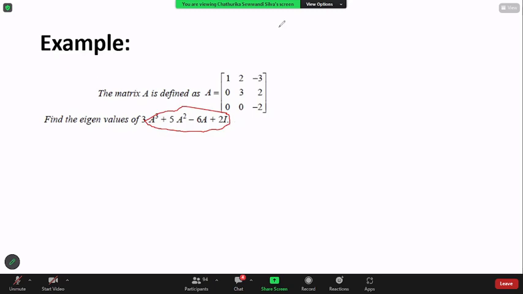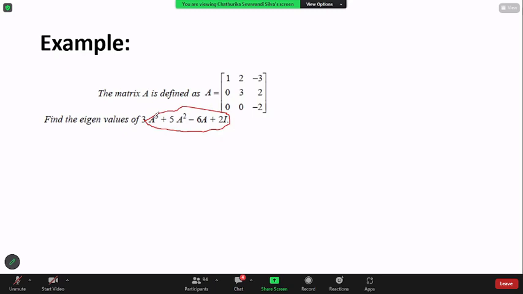Right? Why do we say that? 3A cubed is also 3 by 3. 5A squared is also 3 by 3. 6A is also 3 by 3 and 2I is also 3 by 3. So all the individual components are 3 by 3. Then definitely we can perform addition and subtraction.